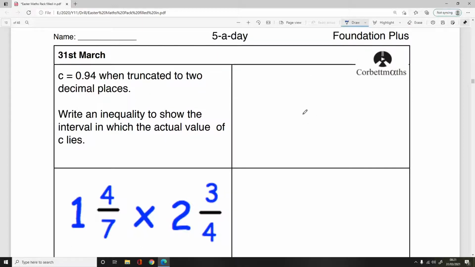We're just going to be saying, all the numbers from 0.94 itself, because anything that starts with 0.93 obviously won't work. And the biggest number it could be is anything that's less than 0.95. So 0.949999 essentially would work. So your inequality looks something like that.